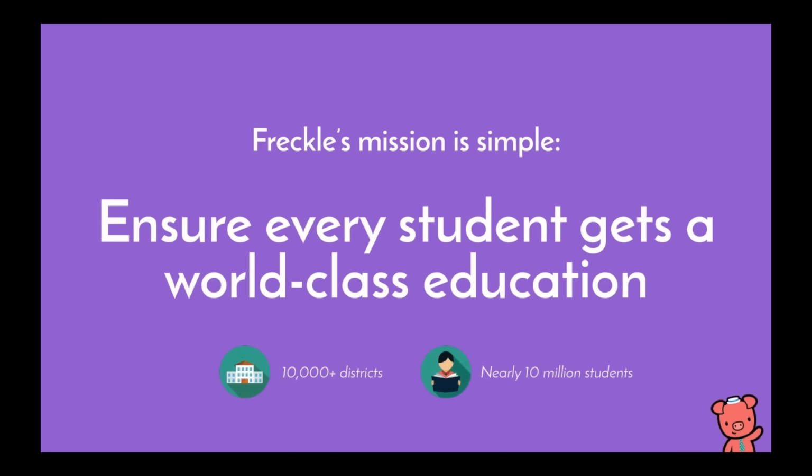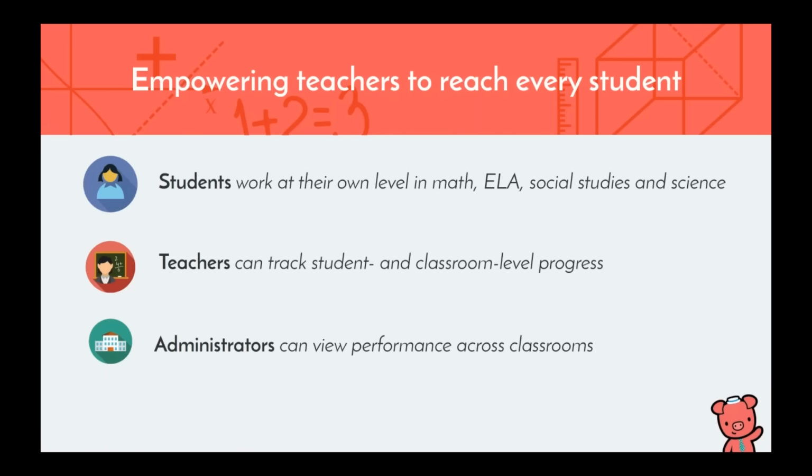I like to start off by giving you a little bit of context about us as a company and our mission. Freckle Education was founded in 2013, and our mission has remained unchanged ever since: to ensure that every student gets a world-class education. We believe that the key to doing so is by empowering teachers to reach every student at their individual level.